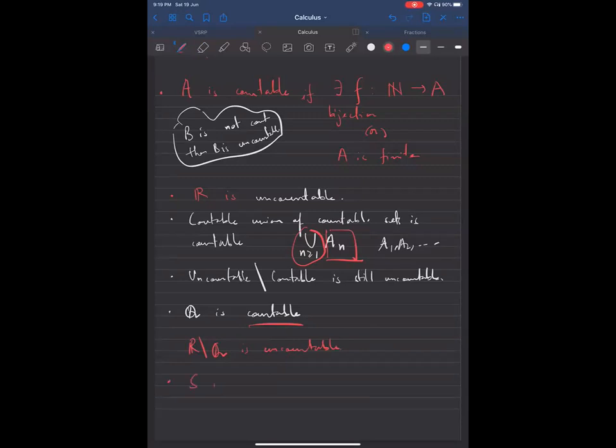Again, for a set S, S and the power set of S are not equal in cardinality. Let's forget about all the big terms.